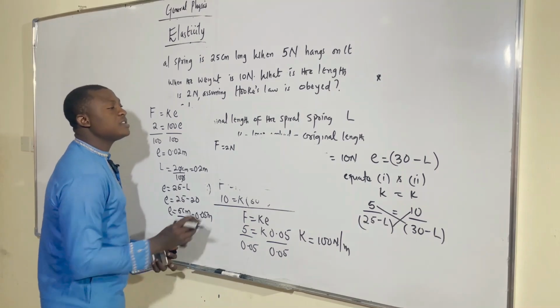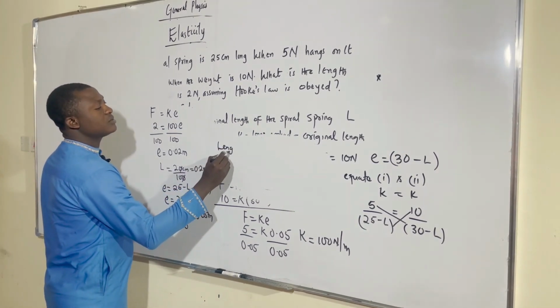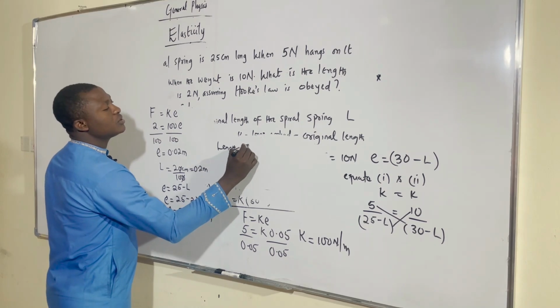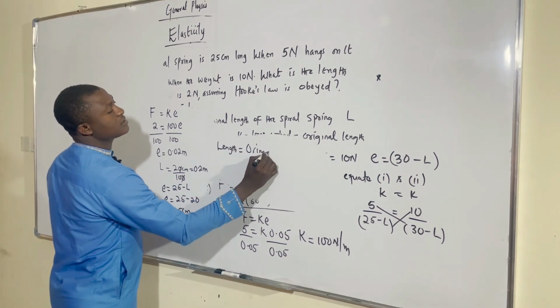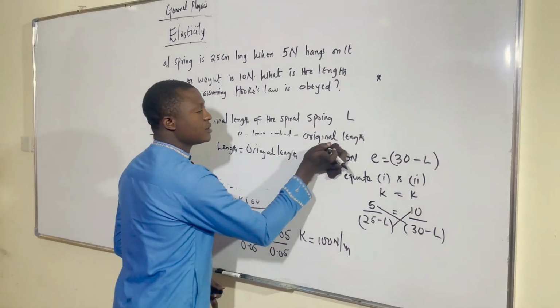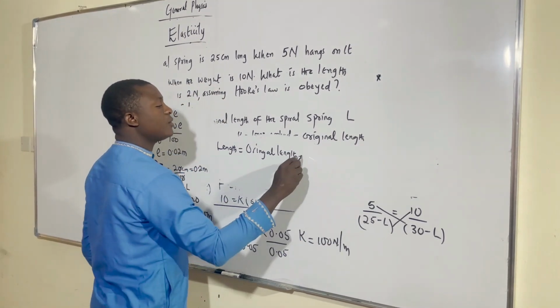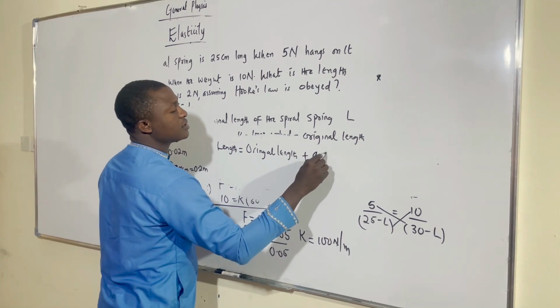So now to find the length as required, the length is going to be original length plus extension.